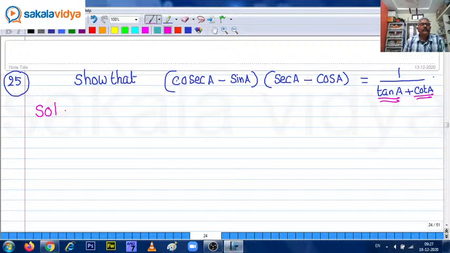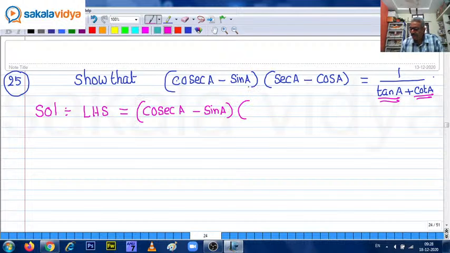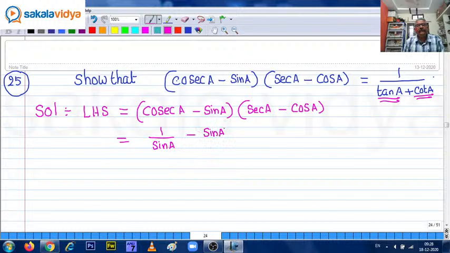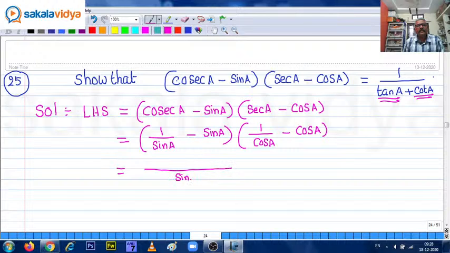So solution. Consider left hand side. Cosecant A minus sin A, multiplied by secant A minus cos A. So instead of cosecant A, write 1 upon sin A, minus sin A. Sec A we can write as 1 upon cos A, minus cos A. Now sin A is the LCM.